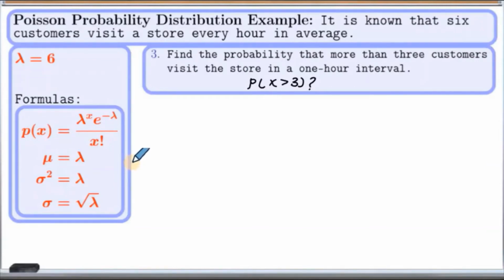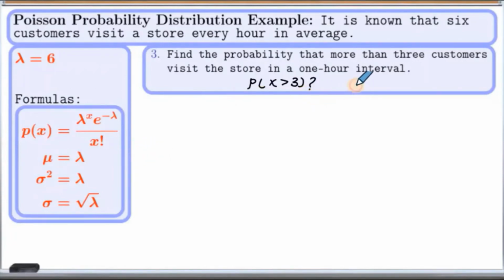So it is impossible for us to find all these probabilities. Instead, what we can do is look at the complement. The complement of more than 3 is 3 or less. So we find the probability of less than or equal to 3 and subtract from 1.